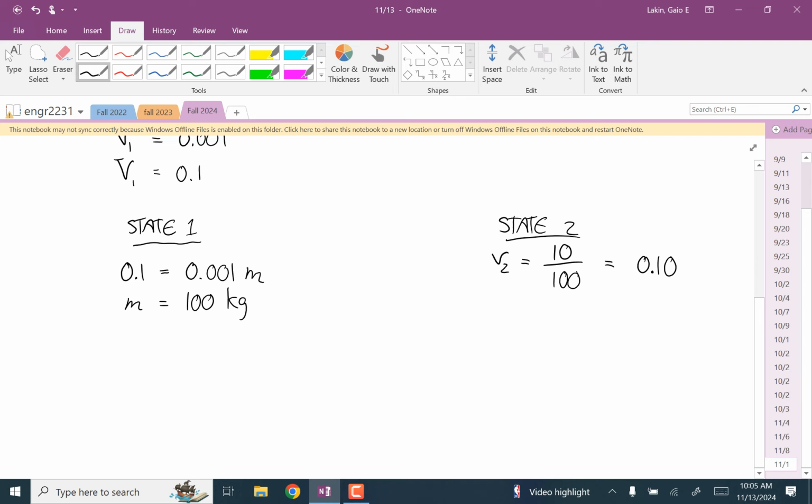And now we can calculate the quality because we know that 0.10 is equal to 1.694x plus 1 minus x times 0.001.